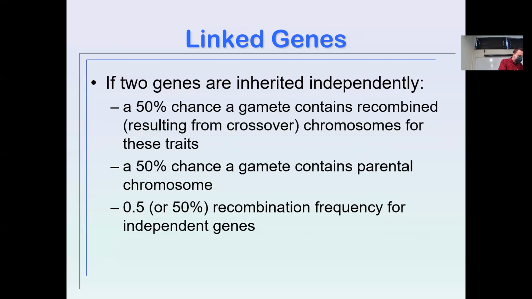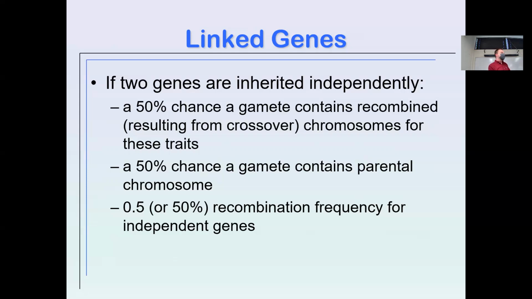Again, one of Mendel's laws is that these alleles get separated independently, and the genes are inherited independently. He had studied 7 genes that were completely independent as to how they were being inherited.